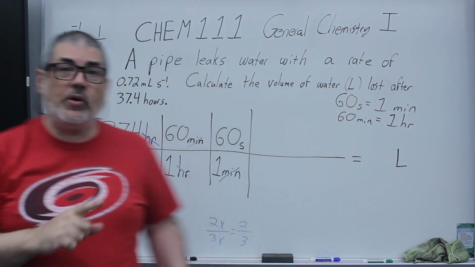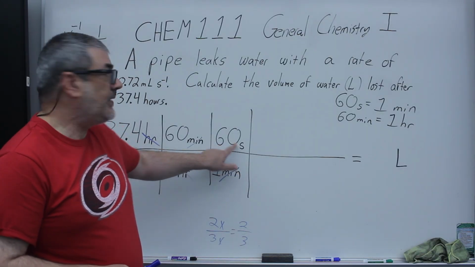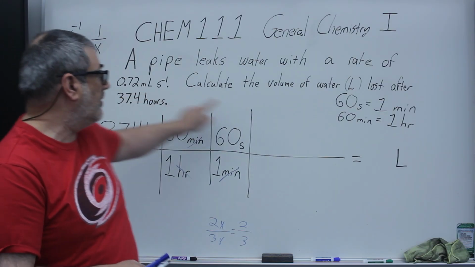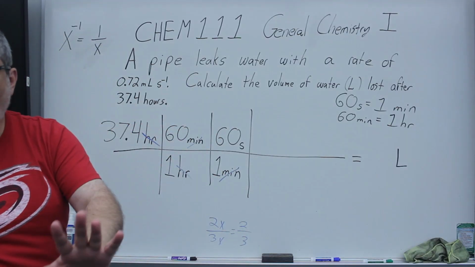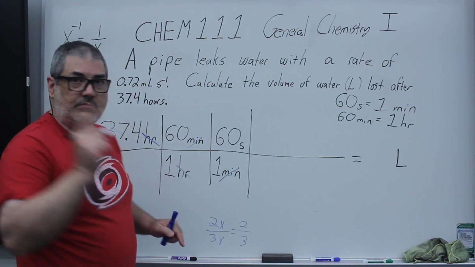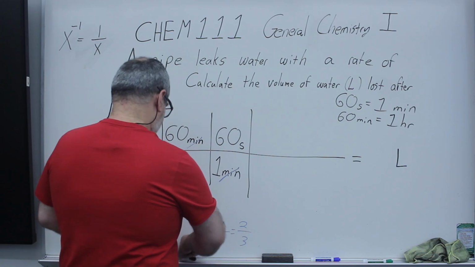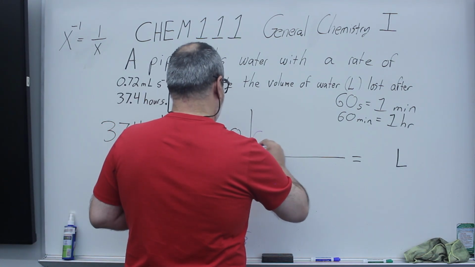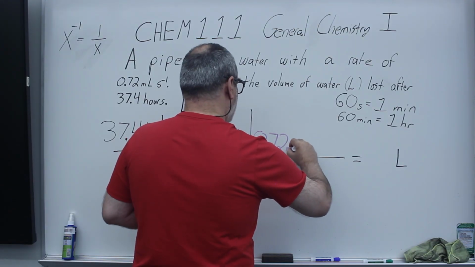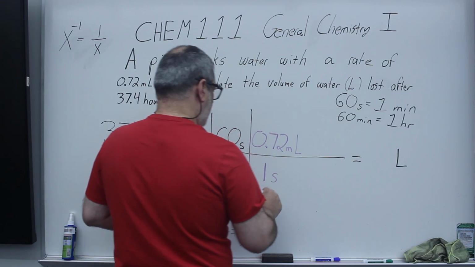And that's incredibly important because what do we have to do? We have to cancel seconds, and then we have to have units of volume, milliliters. Now, obviously, milliliters is not liters, but we're getting there, all right? So how do I use this? Well, milliliters per second, we're going to have 0.72 milliliters per second.